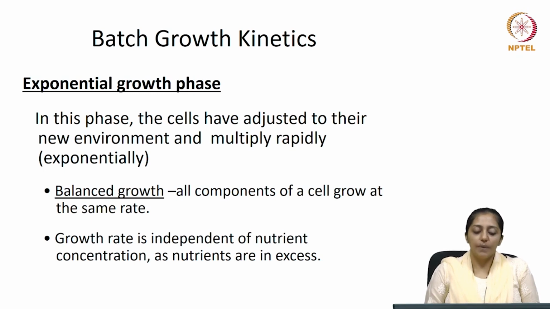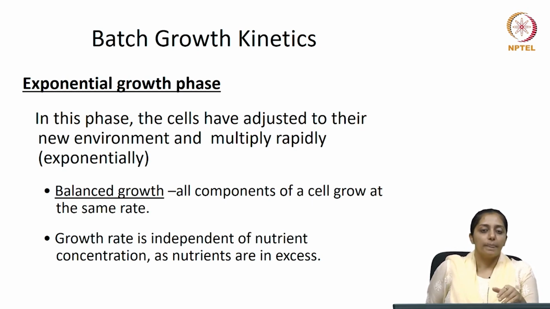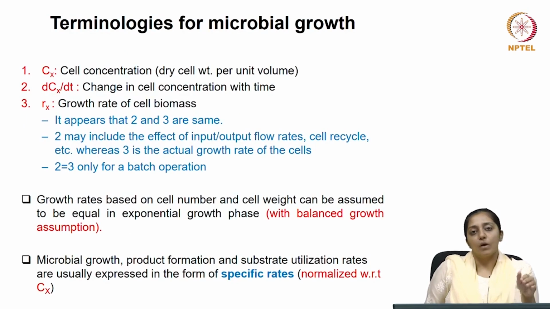And here growth rate is independent of nutrient concentration, as nutrients are present in excess, which means the cell is growing at its maximum specific growth rate. Now, as the cell is growing in the exponential phase, the substrate will continue to get depleted.